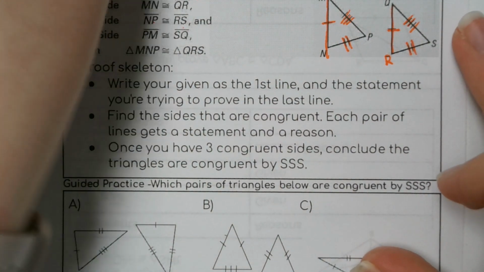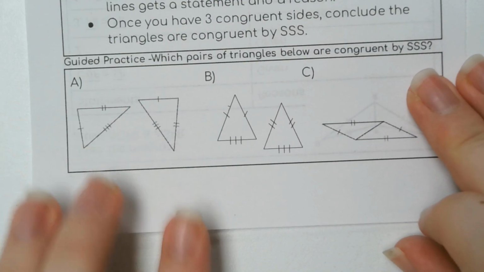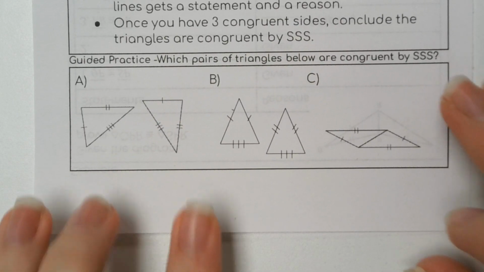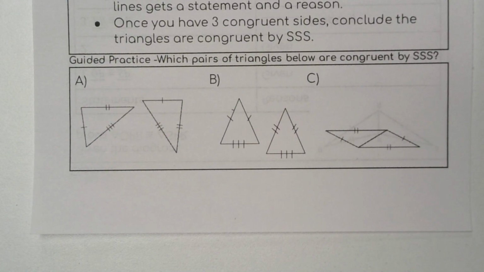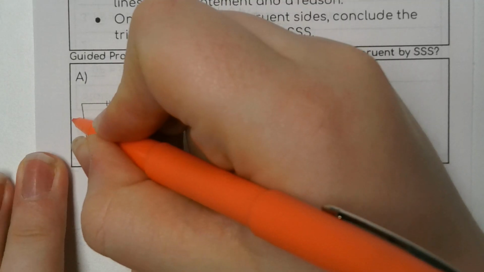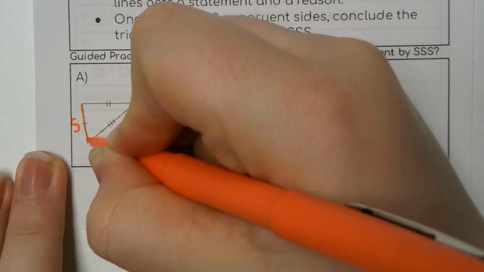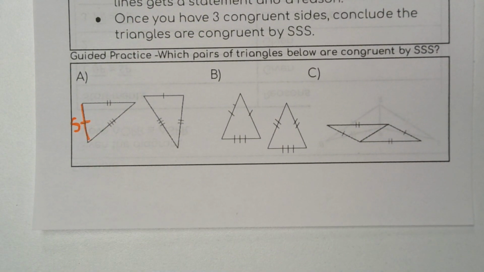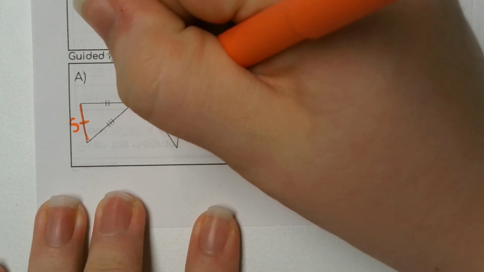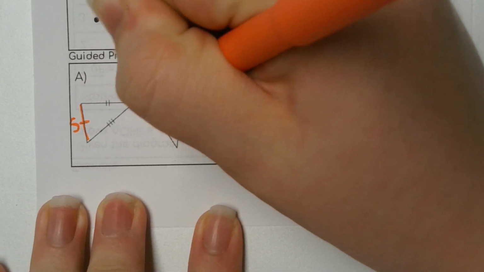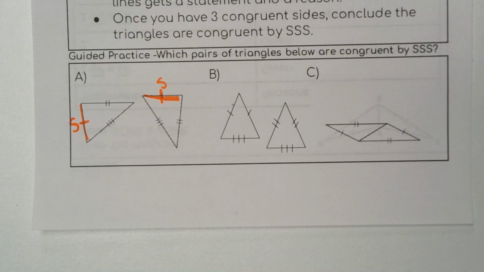So, looking over here, we're going to label our sides with S's. It's really important. Like right now, we just have S's, but soon we're going to have sides and angles. So we have to know which are which. So we're going to label them with S's, the ones that are congruent to each other. So on this side, this side is congruent to this one on the other triangle. So we have one S for both of those.